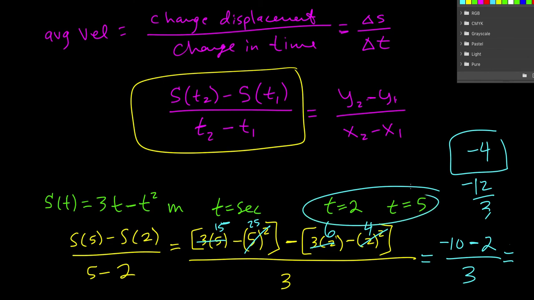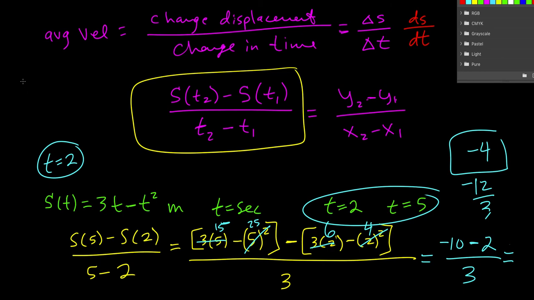Okay, now it says the instantaneous velocity at t equals 2 seconds. So what we're going to do, if we take the derivative of displacement, so we're thinking of this like ds dt, then we'll get the instantaneous velocity at t equals 2.